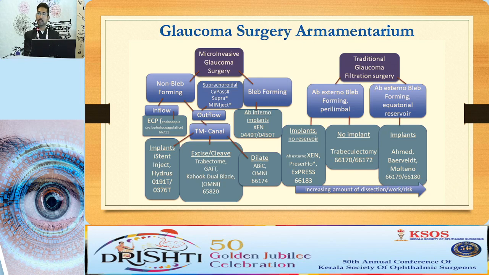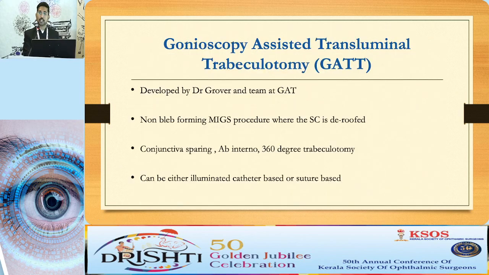With so many surgical options available for a glaucoma surgeon, whether it is the traditional glaucoma filtration surgeries or the MIGS now, I will be mainly talking about excising or cleaving the trabecular meshwork, the GATT procedure. It was developed by Dr. Davinder Grover et al. at the Glaucoma Associates of Texas.